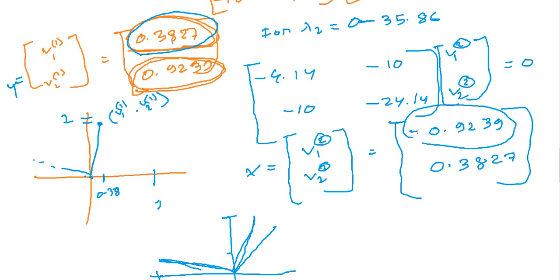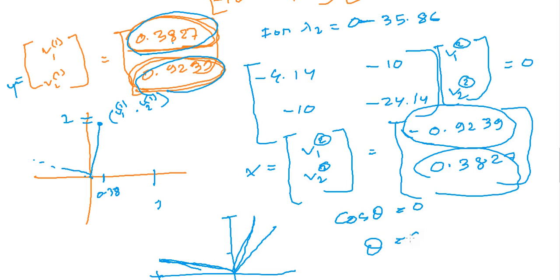So this times this, plus this times this, equal to 0. So divided by something would be 0. So the cross product is 0. So if it is 0, then cos theta should be 0, so theta is 90 degrees, right? So we have already seen that the corresponding eigenvectors are mutually perpendicular to each other.